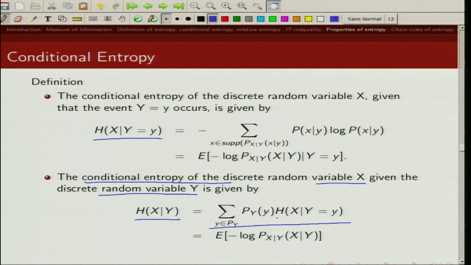It is the conditional entropy of x given a particular event y has occurred, multiplied by the probability of occurrence of that particular event, and we sum it over all y's. So this can be written as the expectation of minus log of the conditional distribution of x given y.